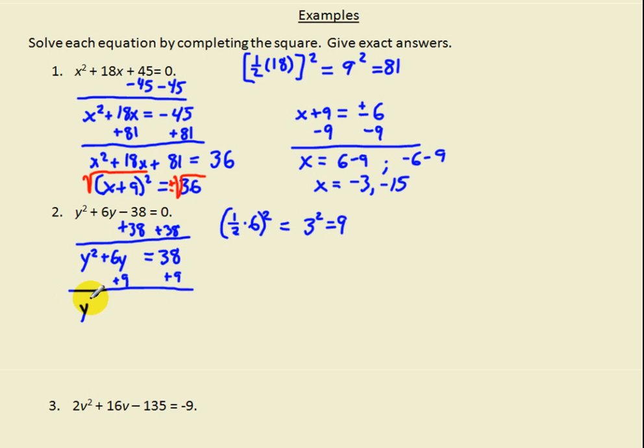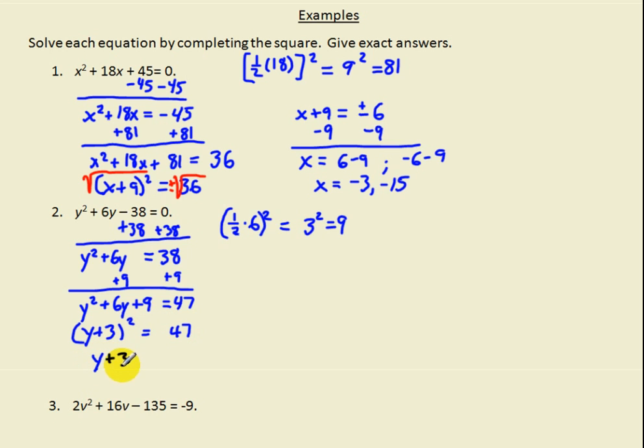So we get y squared plus 6y plus 9 equals 47. Factor this out to y plus 3 squared equals 47, and then take the square root of each side.